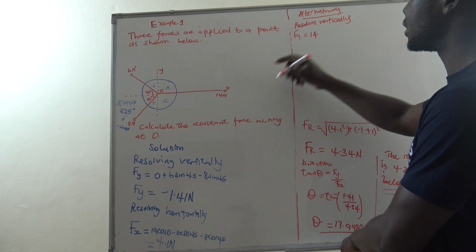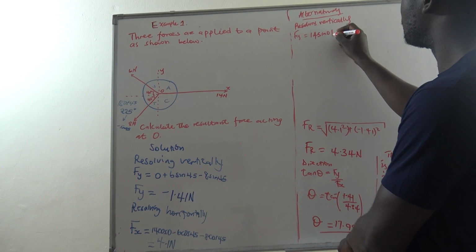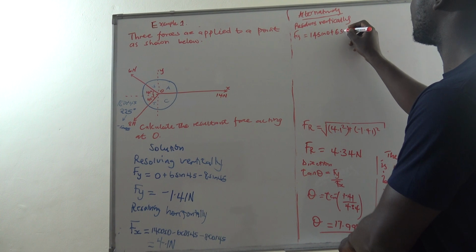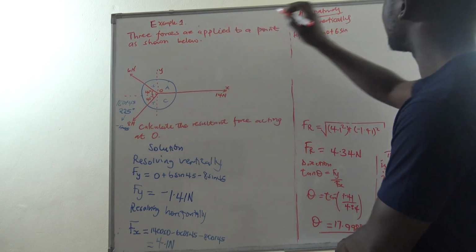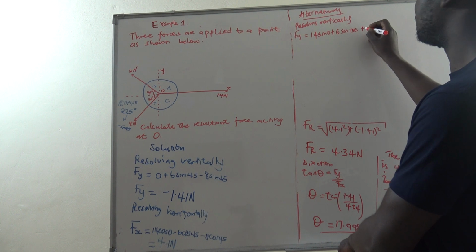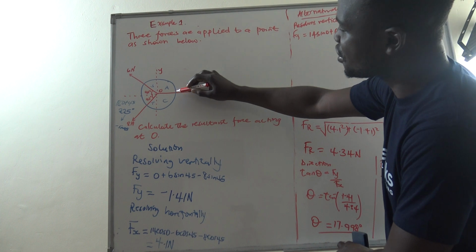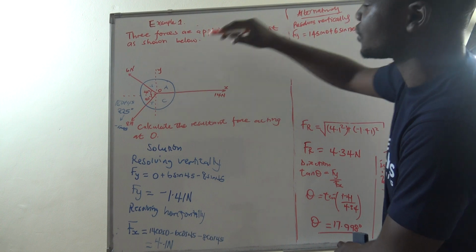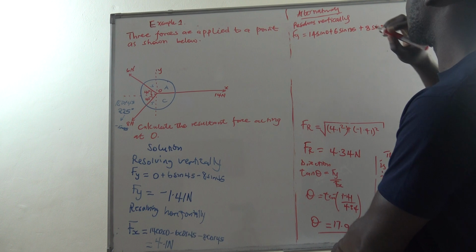So this is 14 sine 0 plus 6 sine of the angle between this horizontal and that, which is 135, if you look at that as being a straight line, plus 8 sine from here. If we take positive angles, which are taken in the anti-clockwise direction, this will be 180 plus 45, which will be 225.